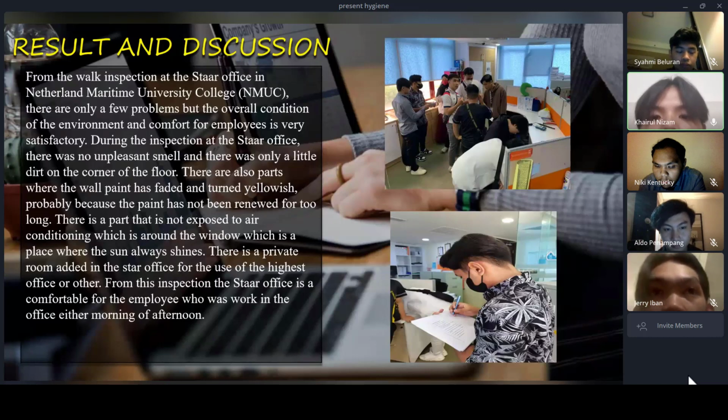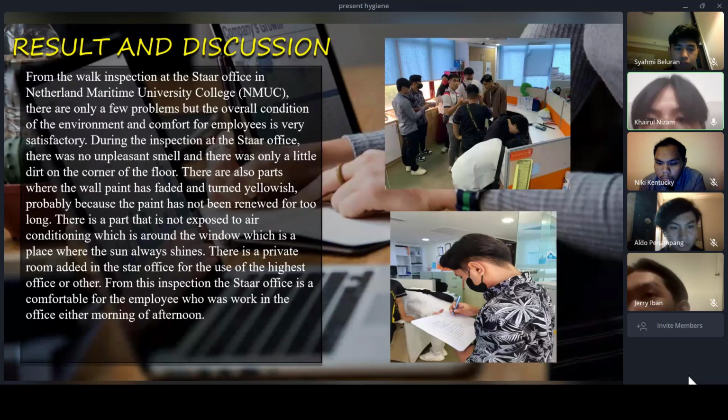There is a part not exposed to air conditioning, which is around the window, a place where the sun always shines. There is a private room added in the STAAR office for the use of the highest officer or other. From this inspection, the STAAR office is comfortable for the employees who work in the office either morning or afternoon.